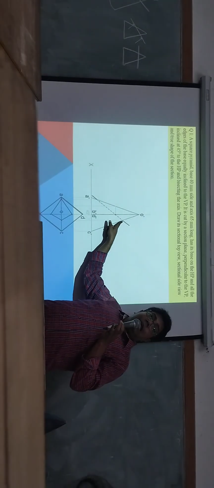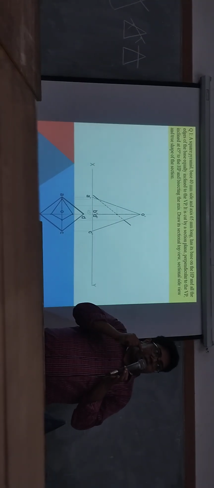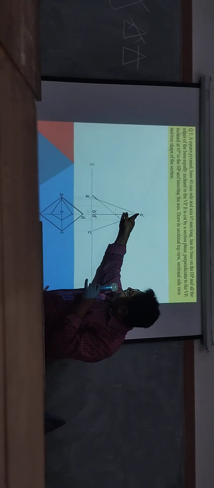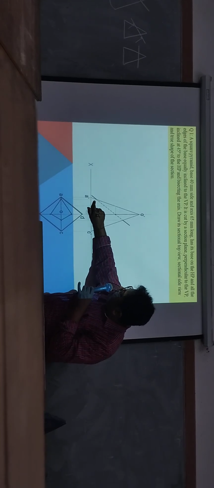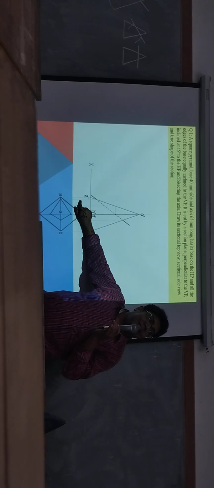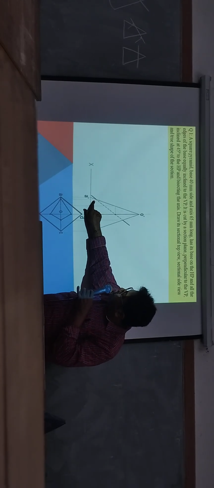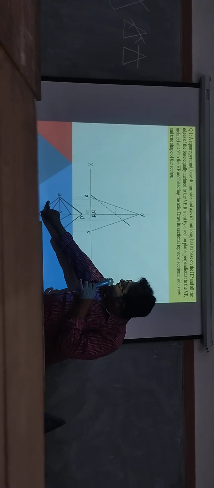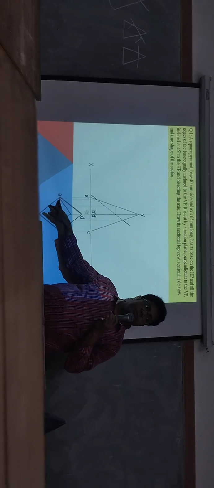Clear? Now in top view, where will they cut or touch? From this point, it is cutting in between O dash A dash. So from this point, if I draw the projection line, and you know that all projection lines are vertical lines, it is intersecting with the OA line at this point.